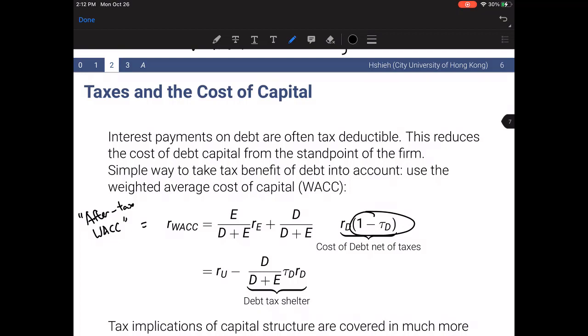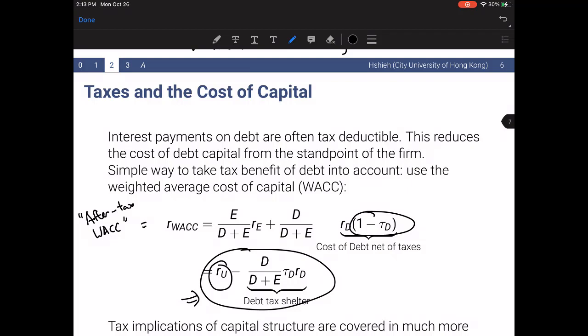If you multiply this expression out, you'll see that we get the following formula, right? Because RD times 1 minus tau D, and then distributing the debt ratio, D over D plus E, you'll get this expression here. Again, RU stands for the pre-tax WACC, or the unlevered cost of capital, and then we get a minus sign times the debt ratio times tau D times the cost of debt.